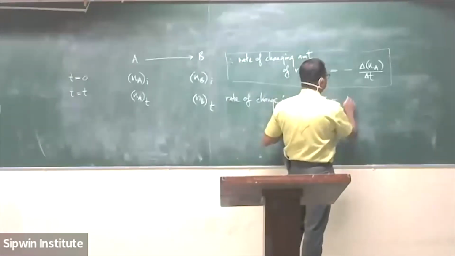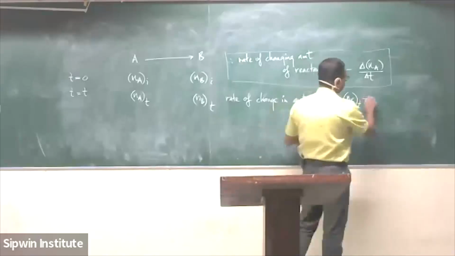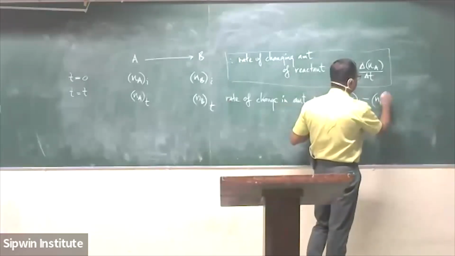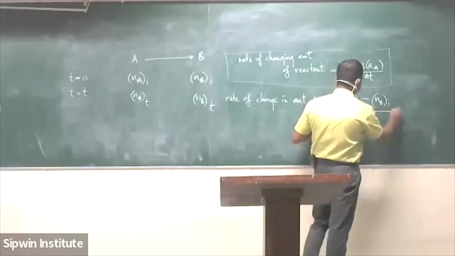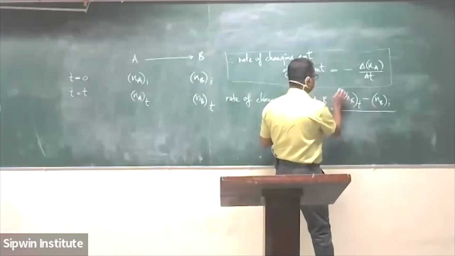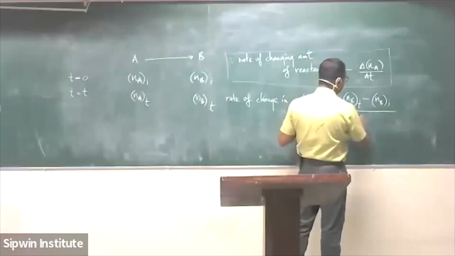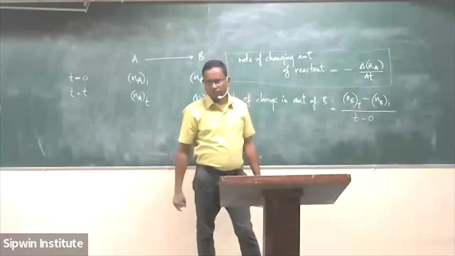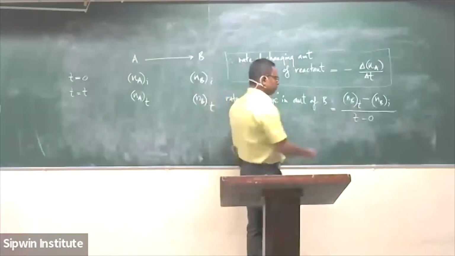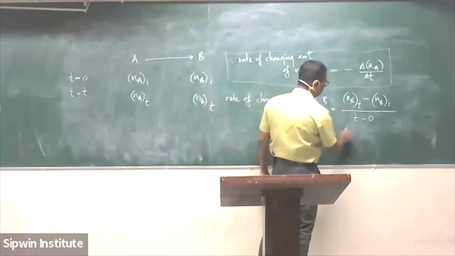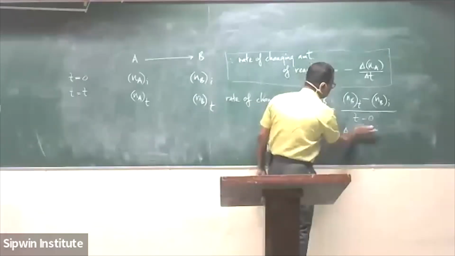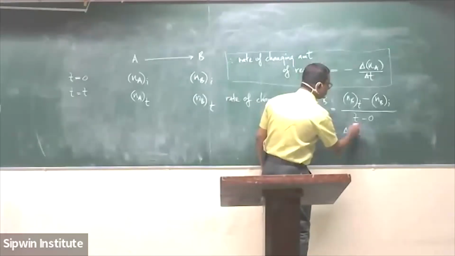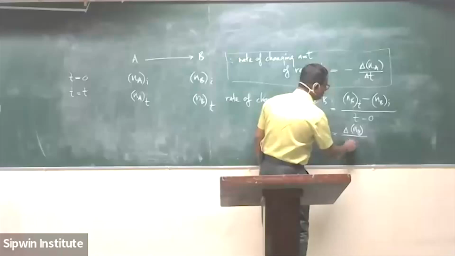What is that? NB at time T, minus NB initial, divided by T minus 0, which is delta NB divided by delta T.